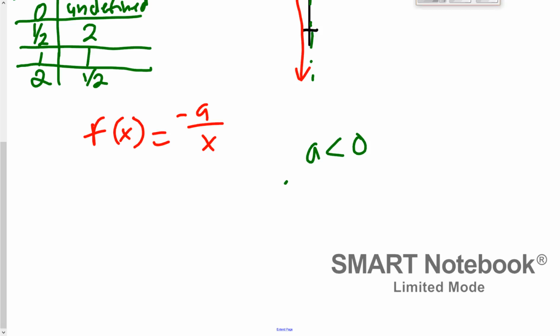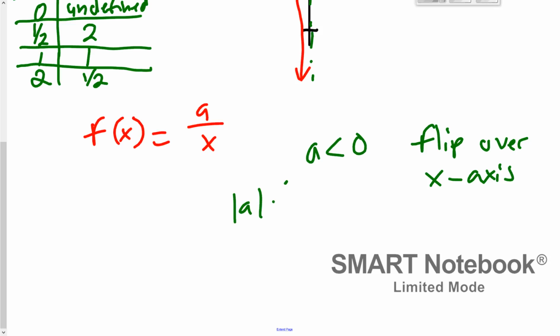So if a is less than 0, in our standard form for a reciprocal function, then it's going to flip over the x-axis, just like a quadratic did. Now if the absolute value of a is bigger than 1, then it's going to stretch vertically. And stretching vertically here is a little bit different than our quadratic.